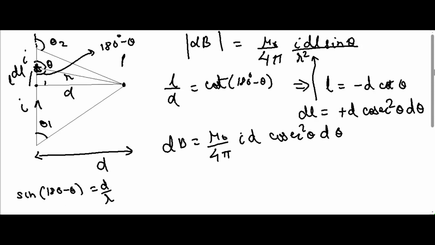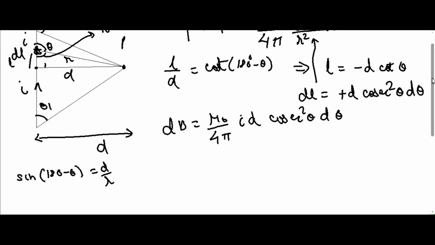So r will be equal to d by sine theta, since sine of 180 degrees minus theta is sine theta itself, and d by sine theta is d cosec theta.